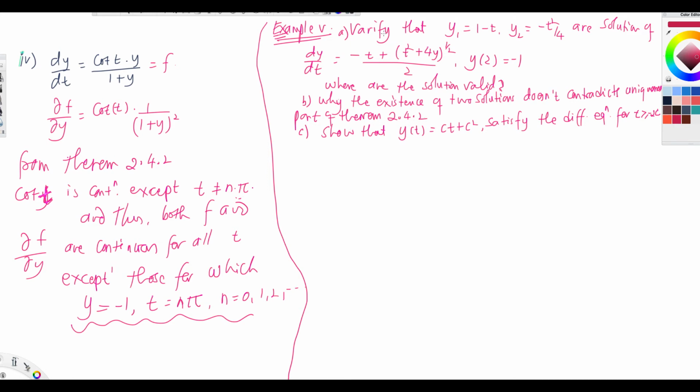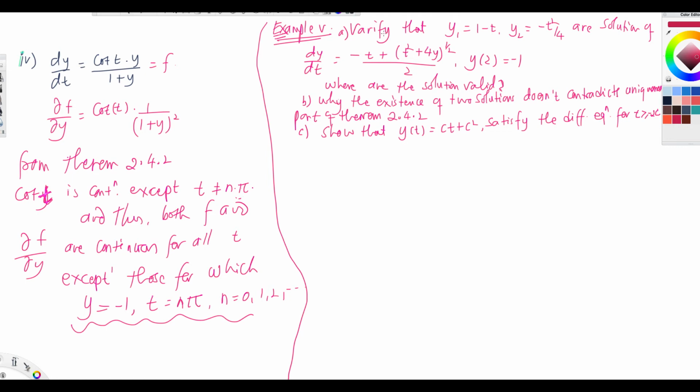Do you remember that when I stated theorem 2.4.2, I said that if the right hand side function f and the partial derivative of f with respect to y are both continuous, then there exists an interval around the initial value where the solution exists, right? But I said that requirement is sufficient but not necessary, meaning the solution may exist even if just the right hand side function is continuous.